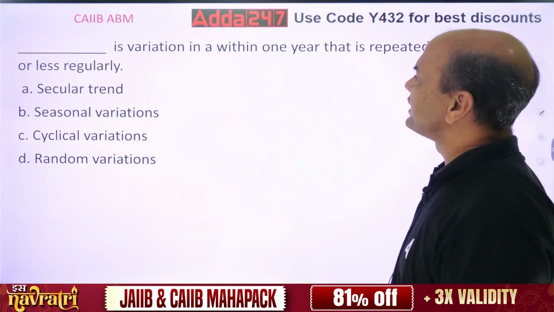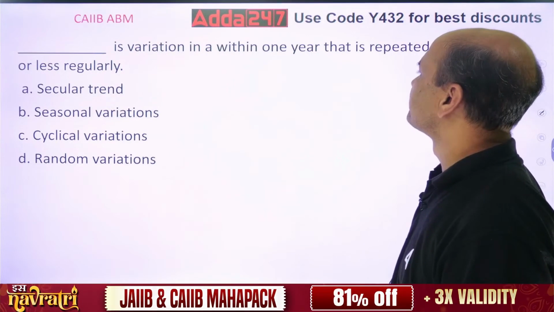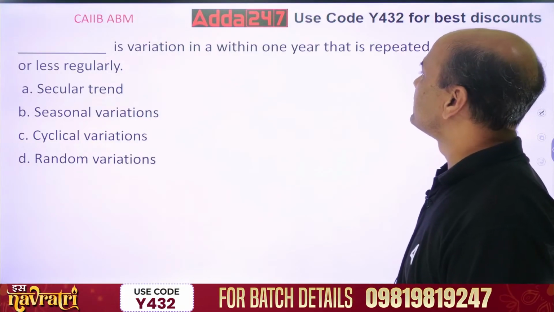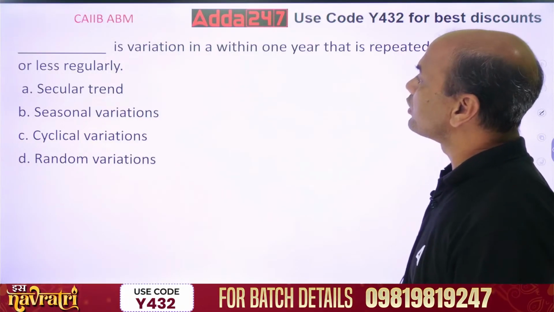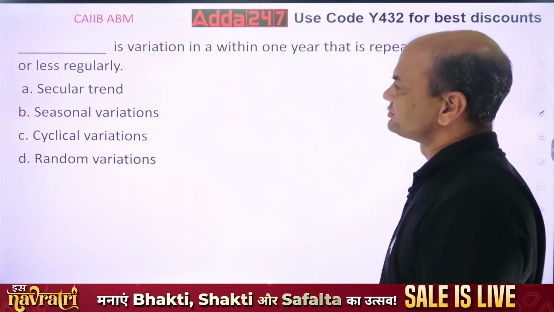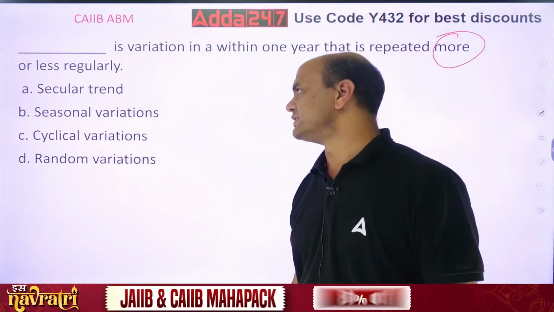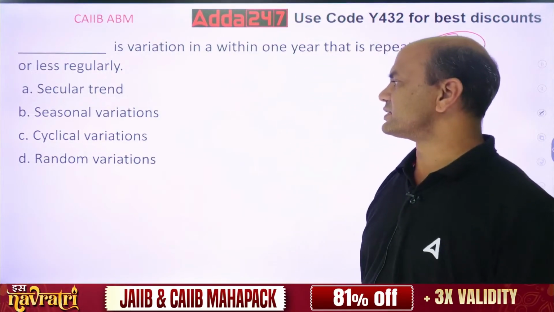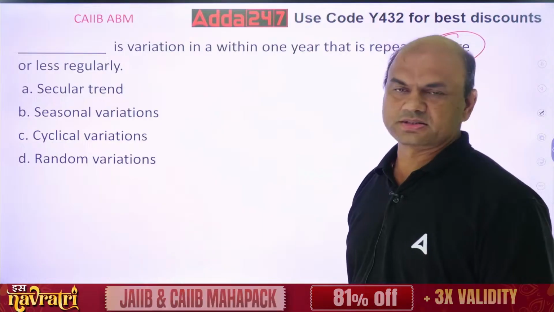A variation within 1 year that is repeated more or less regularly. Secular trend, seasonal variation, cyclical variation, and random variations.